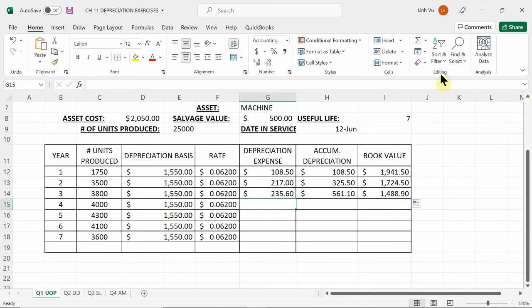Is everybody awake? $248. Good. So then my accumulated depreciation is going to be 809.10, which gives you your book value to be 1240.90.